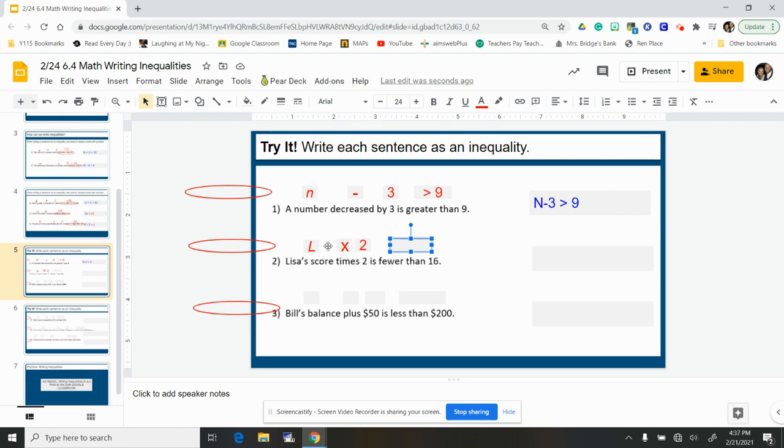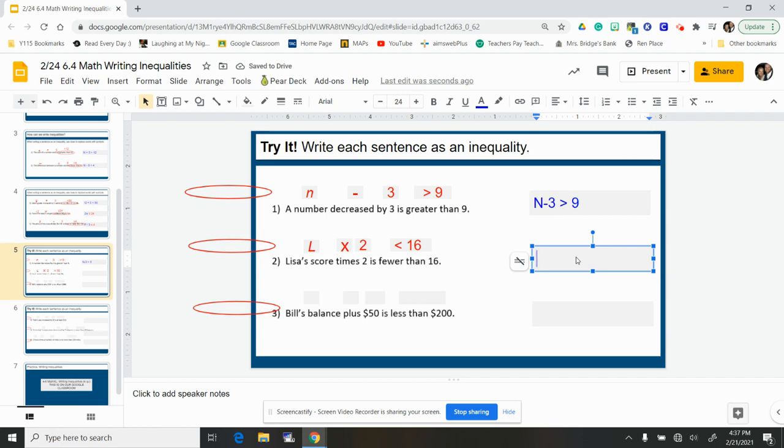So if I know that this is going to be fewer, I need to have that smaller part of the symbol pointing towards that way. And 16 is an important number. So our inequality for this one should look like this. 2 times L. Remember, when the numbers are right next to each other, they're showing multiplication, is less than 16.